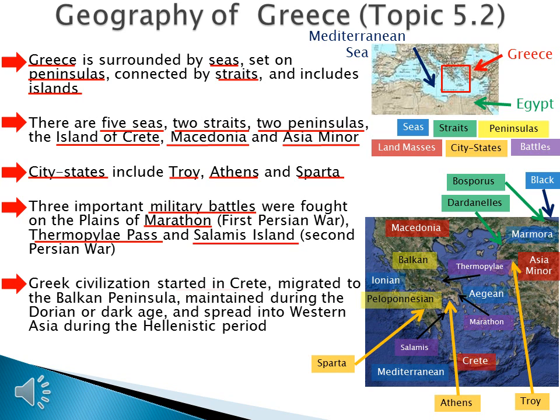Finally, Greek civilization started in Crete, migrated to the Balkan Peninsula, maintained itself during the Dorian or Dark Age, and spread into Western Asia during the Hellenistic period. In other words, Greek civilization stays in that red box until it is spread into Asia by Alexander the Great. Go to the next slide.